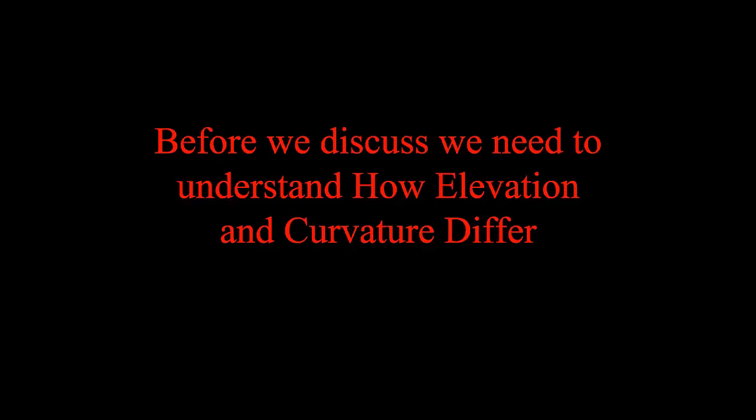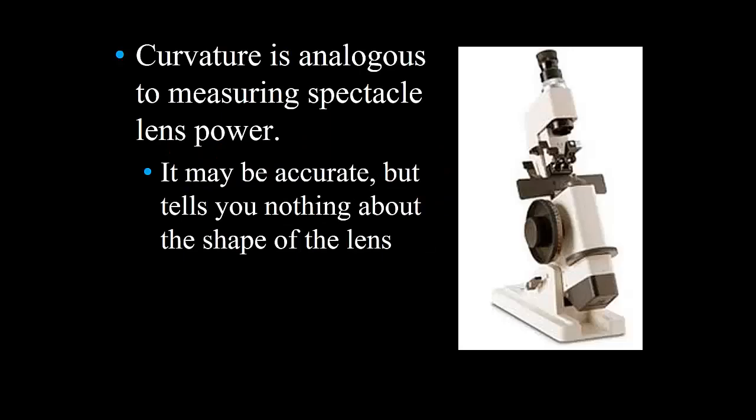Again, I always like to start with a little background, in order to understand exactly what we're doing. We need to really understand how tomography, in this case, how elevation differs from curvature, and why we really talk about elevation.